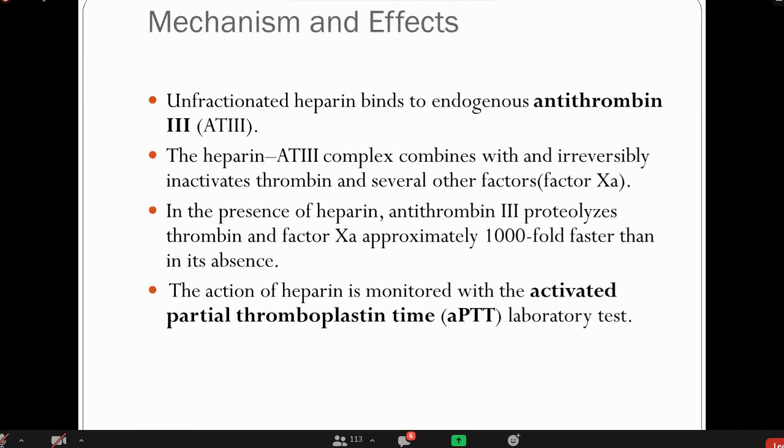Another important point: APTT monitoring is effective and necessary if the drug is going to inhibit the activity of thrombin. If a drug is not going to inhibit the activity of thrombin, the APTT test wouldn't be reliable. Because heparin can inhibit the activity of thrombin as well as factor 10, we can check the level of the drug by monitoring the APTT test.